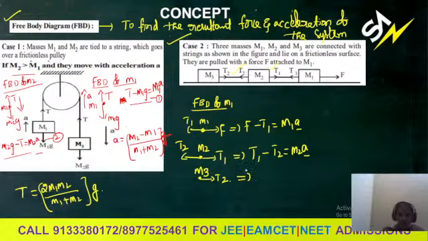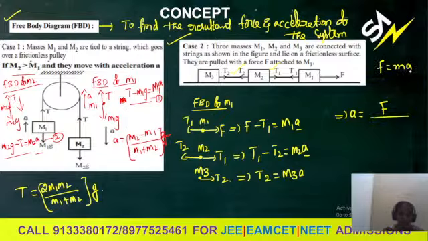So the resultant force acting on M3, we can write it as only T2, which is equal to its mass into acceleration. So from all these 3, the acceleration of the system will be F by m, as they can have common acceleration. From the second law, F equals ma, a is equal to F by m. Here m is nothing but the total mass, m1 plus m2 plus m3.